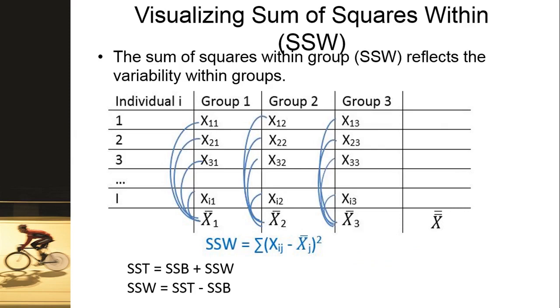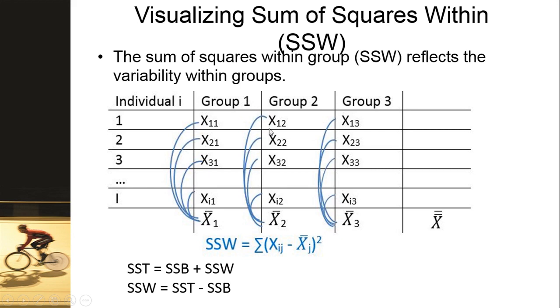Next, visualizing the sum of square within, SSW. Sum of square within reflects the variability within groups, which refers to the individual differences or simply measurement error within each group. This is a vertical comparison, so it's each individual value within the group compared to its own group mean.